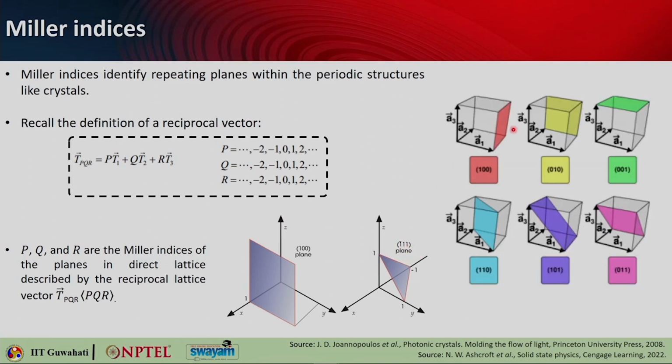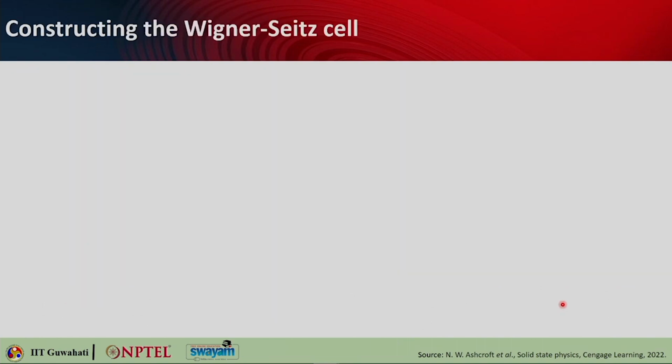You can also have more. If you try to write them in terms of the lattice vectors a1, a2 and a3, you can define them as 1 0 0. This yellow region is 0 1 0, this one is 0 0 1, this is 1 1 0, and so on. So this is how Miller indices help you identify repeating planes within periodic structures.